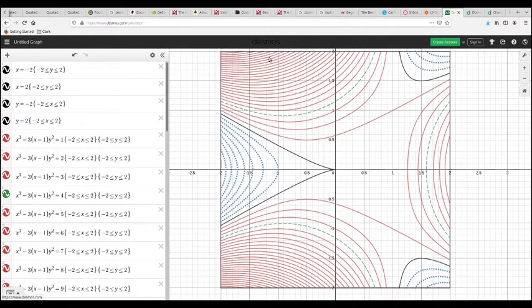So the function's increasing in this direction, increasing in this direction, increasing in this direction, decreasing in this direction, decreasing in this direction, and decreasing in this direction. The last line that's of interest is the dashed green line, and that line is the level curve of this function corresponding to the value of the function being equal to 4.